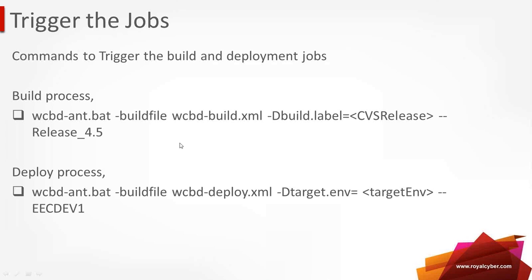These are the commands used to trigger the build process. For the build process, you can give any label here. That's basically your release version, or you can use a date timestamp format, which says that this release was done for this particular date or this particular hour.